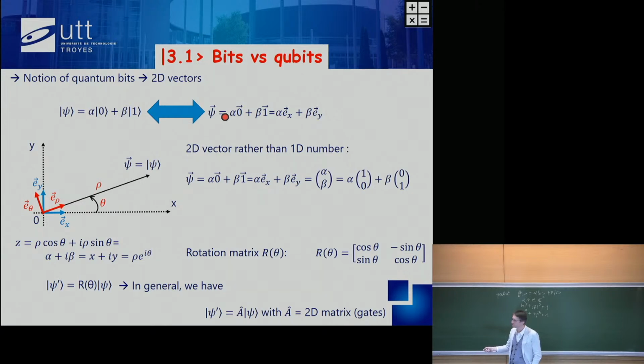So we know vectors, and I can write it alpha 0 plus beta 1, where 0 and 1 are two vectors themselves, and those vectors, in the standard way of a 2D representation in space, could be the two unit vectors of the 2D representation of this vector, psi.